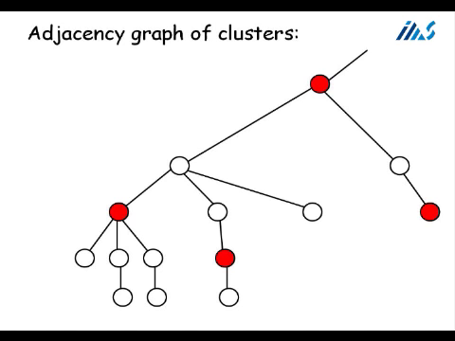And we're going to say that each cluster furthermore looks at its parent. And if the parent is also red, then it colors itself white. And so all the red vertices, all the red clusters that you see here, are non-adjacent to one another. And to color the other clusters, we can just pick a 2 coloring.